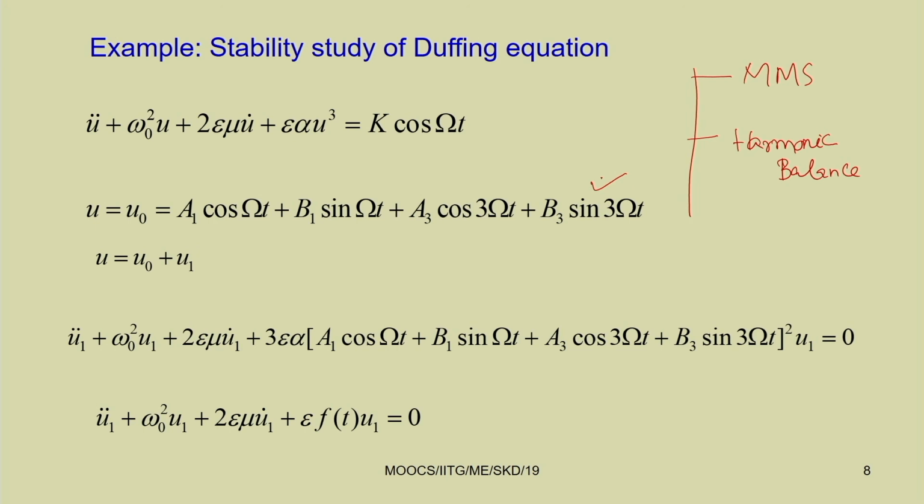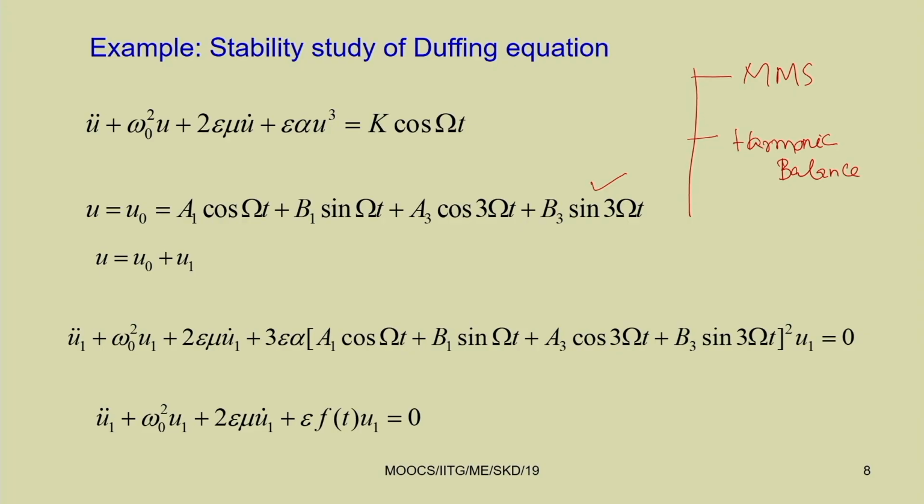Now, by substituting this in the original equation and separating the coefficients of cos omega t, sin omega t, cos 3 omega t and sin 3 omega t, we got a matrix of A and B. By solving that matrix, we can get the coefficients a1, b1 and a3, b3, and we know the solution u equal to u0. So we get the equilibrium state.